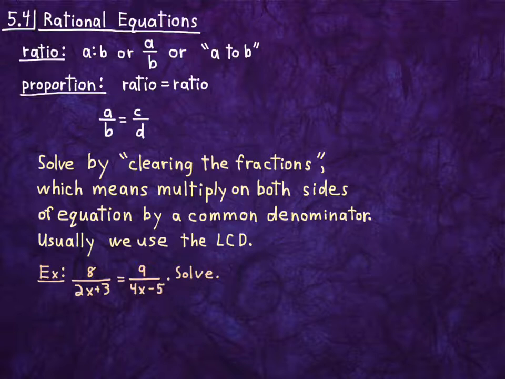So we just have to multiply both sides of the equation by the product of those two denominators, the two binomials. I just wrote down what it is so that I make sure I multiply both sides of the equation by that.